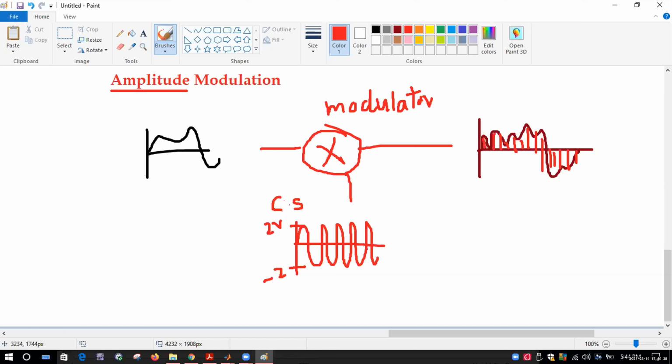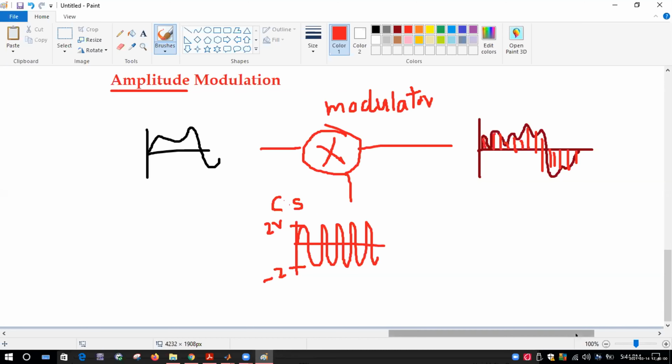Message. Exactly. The message is controlling the amplitude of the carrier. That's why this process is called amplitude modulation. Is that clear now? What's amplitude modulation? Yes, clear. So until now we have understood what amplitude modulation is.